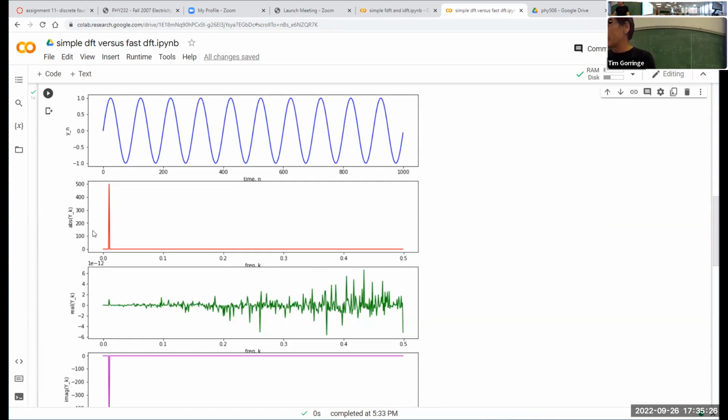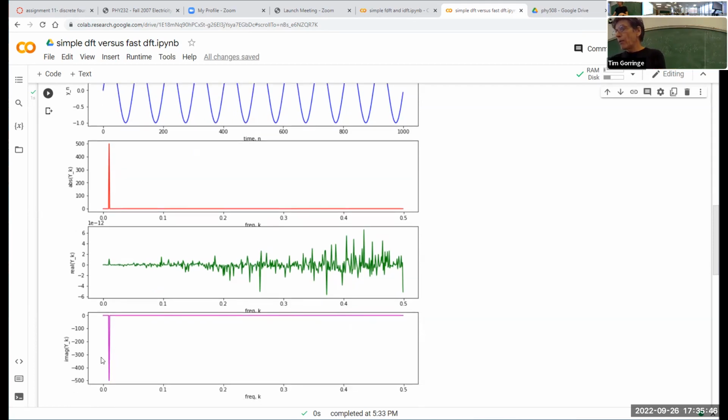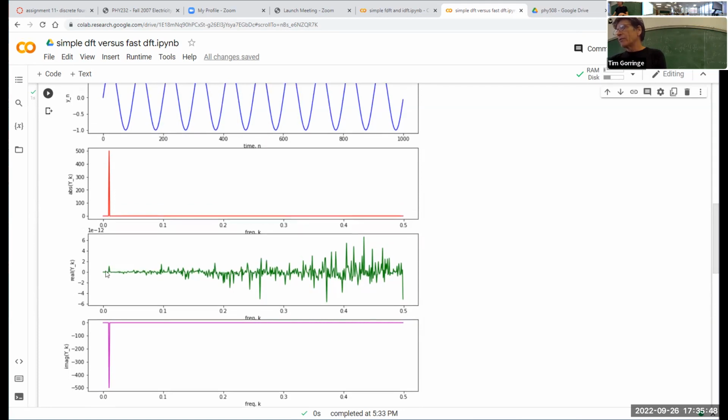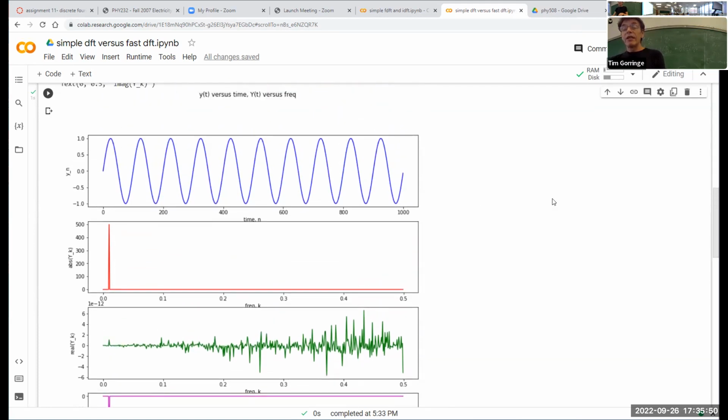And that's where we see the spike. So this point here, the spike is located at 0.01, which is the frequency of my sine wave in cycles per sample. So this makes sense. It's all imaginary, it's not real, because of the phase of this data. If I was to change the phase of the original data, if I plot cosine, it would be all real and 0 imaginary.